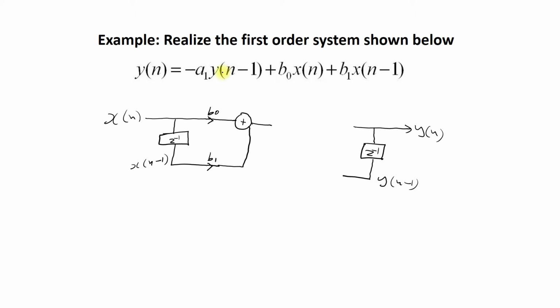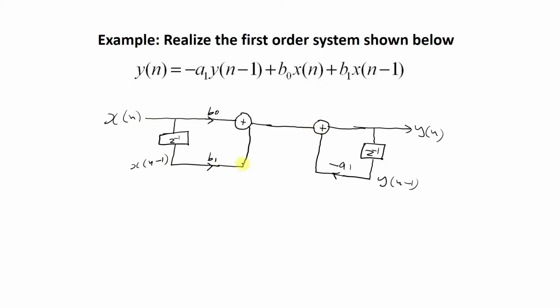Now this y of n minus 1 is multiplied with a constant, that constant is minus a1. Now the sum of the two will give the output side realization. Now we can see the sum of the two will give the final output equation.